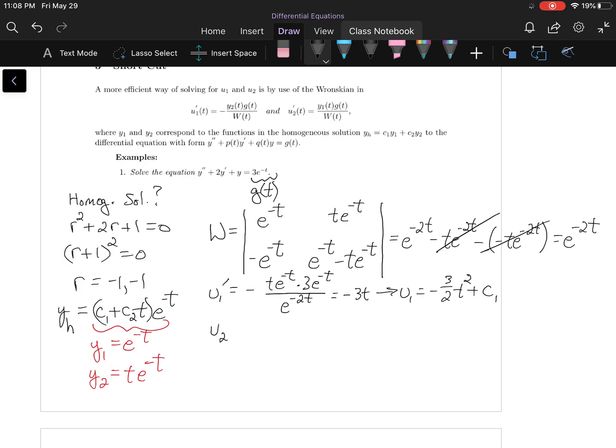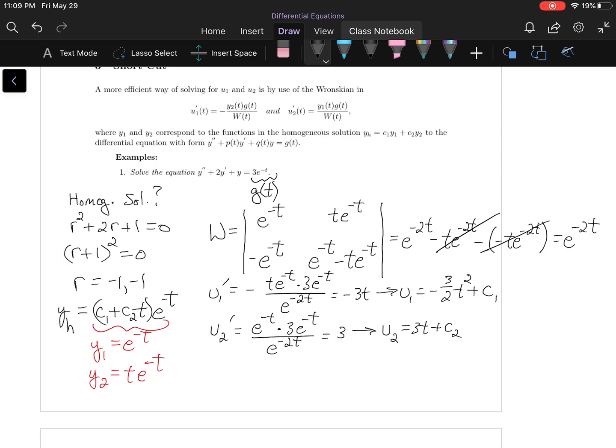And when we look at u2 prime, that's going to be positive y1, which is e to the negative t, times g, which is 3e to the negative t, all divided by the Wronskian of e to the negative 2t, and this simplifies to 3. When you integrate that, which happens to be very nice, u2 is going to be 3t plus c2.